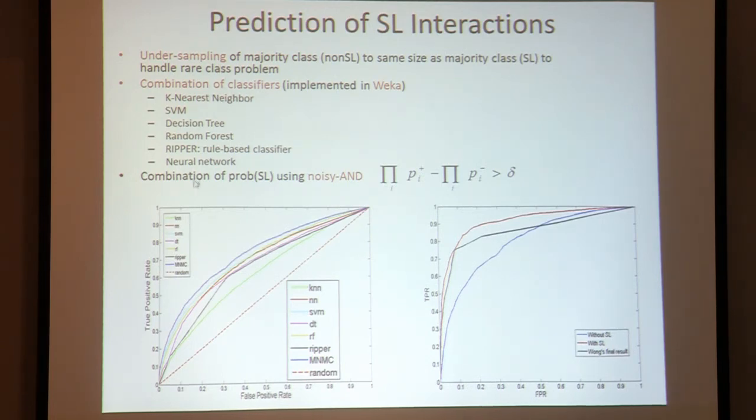We use 6 different classifiers, and then use a logistic AND method to integrate those methods. You can see here that this integration of multiple classifiers has the best performance, and it is much better than the best method at that time, 2010.